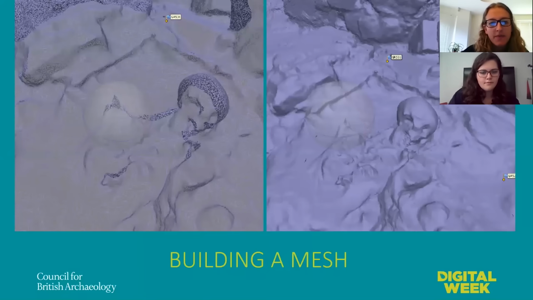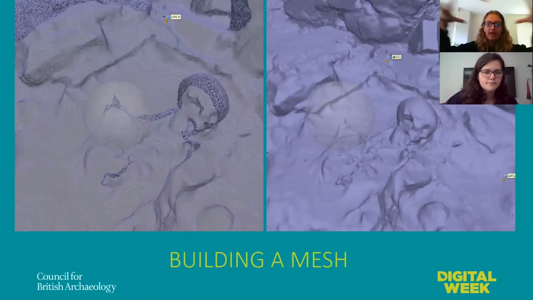So that's what you can see here in this photo. It looks kind of like a wire mesh, if you see what I mean. And that is how the model knows how to create the surface of the object, and it brings everything together from the photos, if that makes sense. So that's the stage that we're at now.